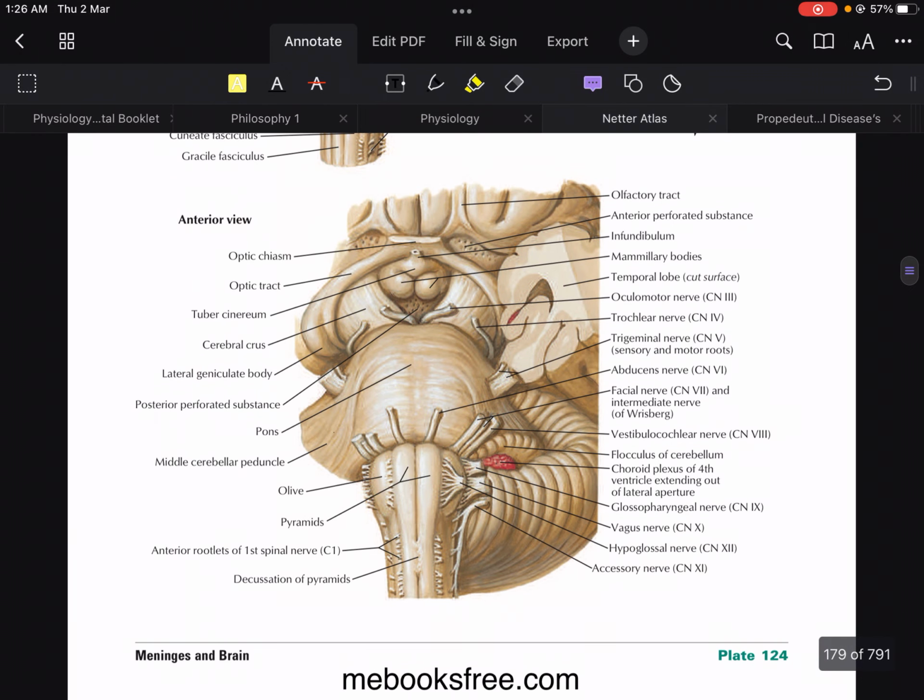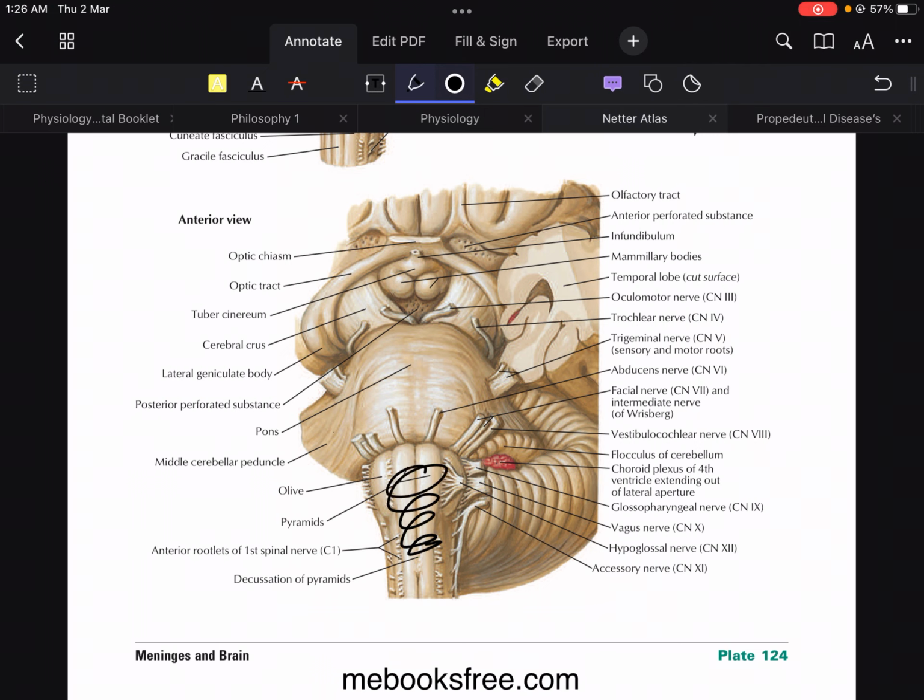Okay, look at this picture. As you know, this part is medulla oblongata, this part is pons, and this part is midbrain. I'm starting from down to up. The lower part of our brain is the medulla oblongata, whose continuation is our spinal cord, right?